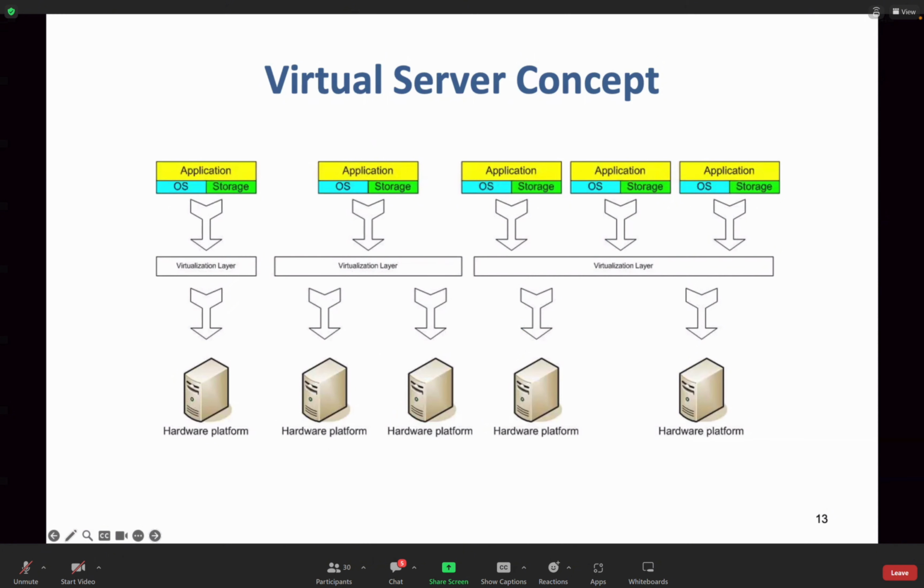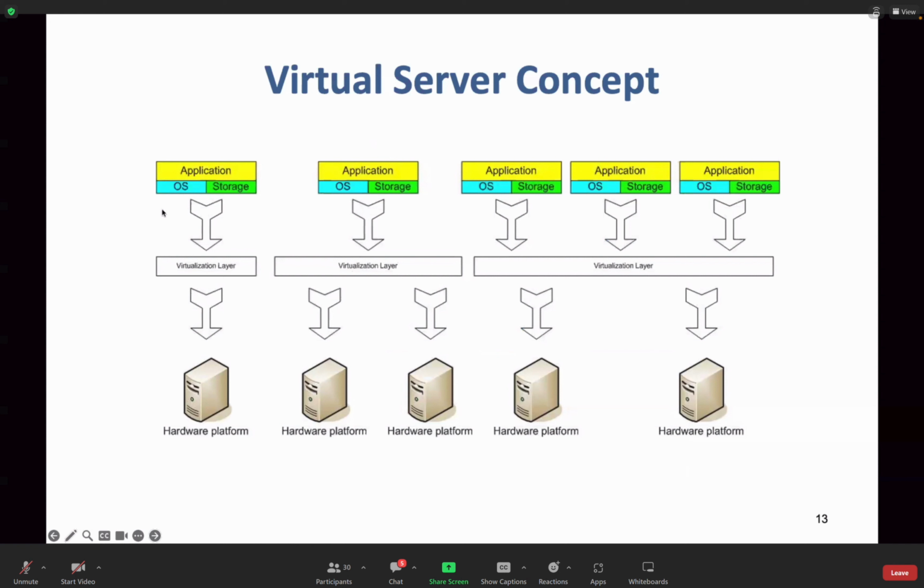Now, with server virtualization, the mapping between application and hardware can be arbitrary. It's M to M, or M to N, right?